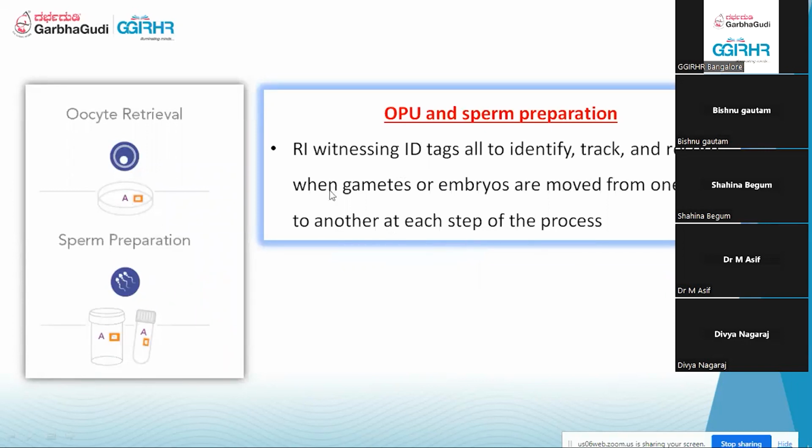Once this barcode is assigned to the dish or the tube, it can witness even the timing, and it can trace what all things we have done inside the lab.